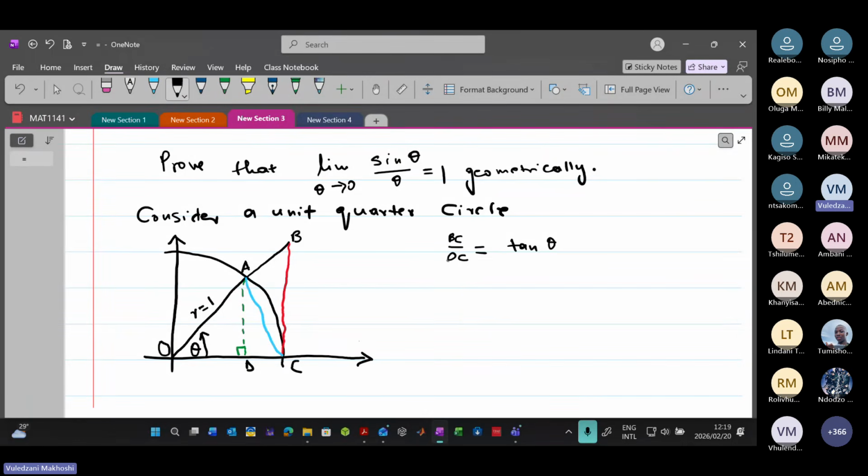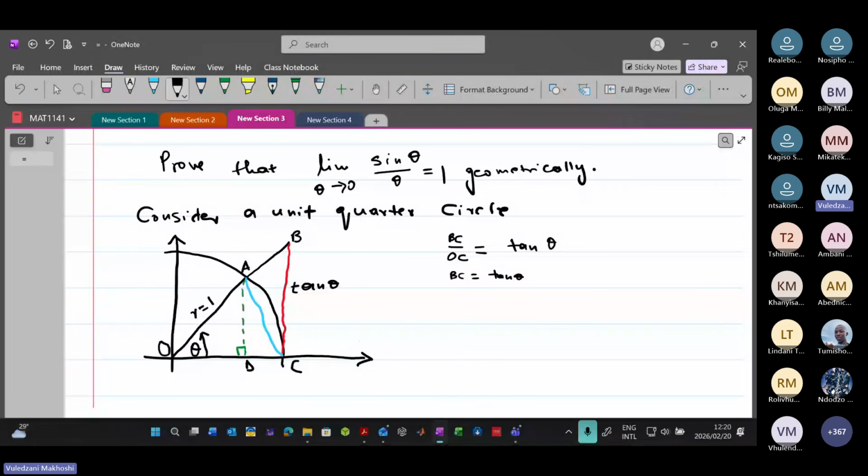But OC is the radius, which is 1 unit. So BC is just tan theta.